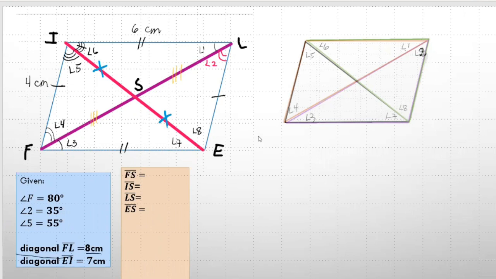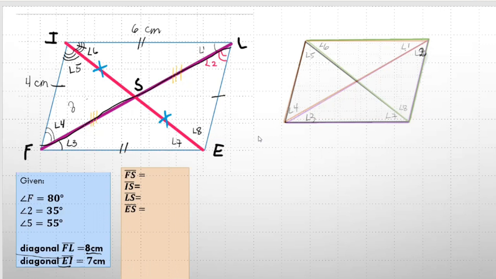Ibig sabihin, etong buong diagonal natin, 8 cm. Okay? And yung diagonal EI natin is 7 cm. Since if we're going to go back with our properties of parallelogram, sabi that each diagonal of our parallelogram is bisected to each other. Pag sinabi natin bisected, hinati siya into two equal parts.